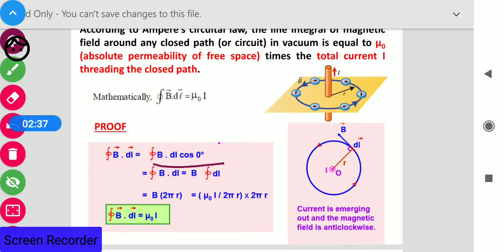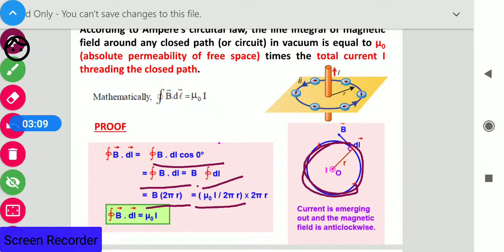Cos 0 is 1, so this is B dl. When you integrate, since the magnitude of the magnetic field is constant, take it out of the integral sign: B times the line integral of dl. The line integral means the total length of the circumference, because it is a circular loop, so the circumference is 2 pi r.